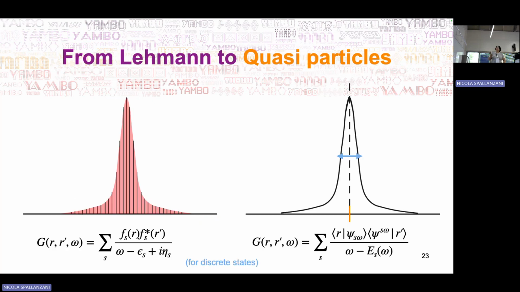So we can somehow think of reformulating our Green function, and instead of having a series of these delta peaks, we want now to rewrite this Green function in a way that it gives us a distribution. So one peak, just one peak, and that corresponds to the envelope of this series of peaks.